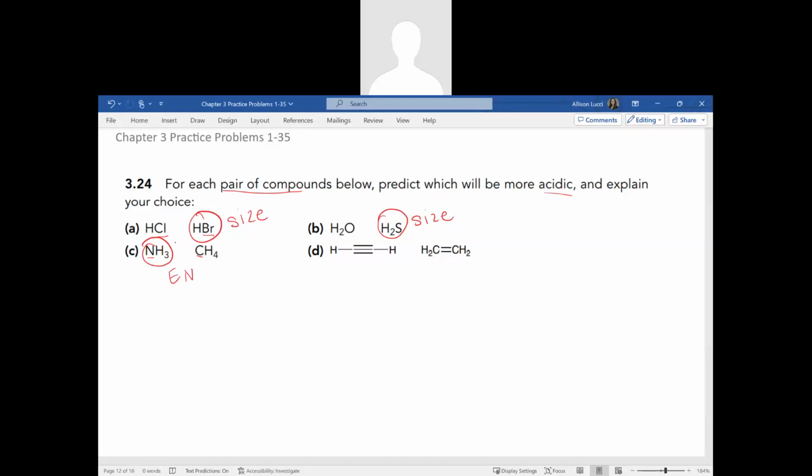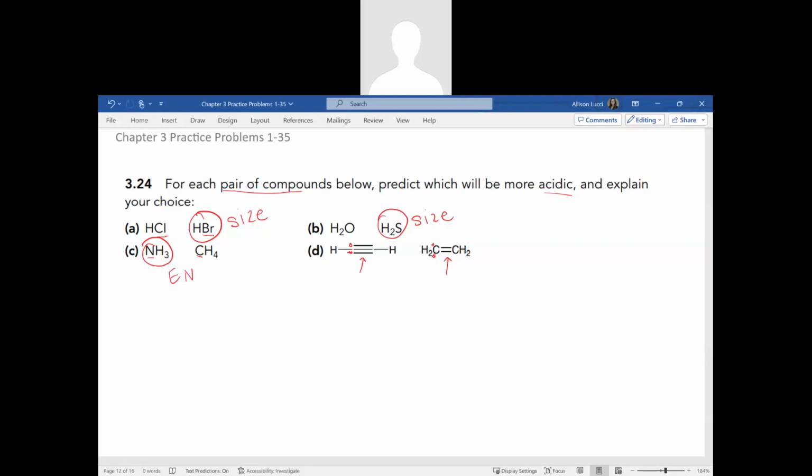In our last example, we have acetylene here, and this is expected to be more acidic because the conjugate base of acetylene has a negative charge that would result on an sp hybridized carbon, versus over here with ethene, we would have an sp2 hybridized lone pair on either one of these carbons.